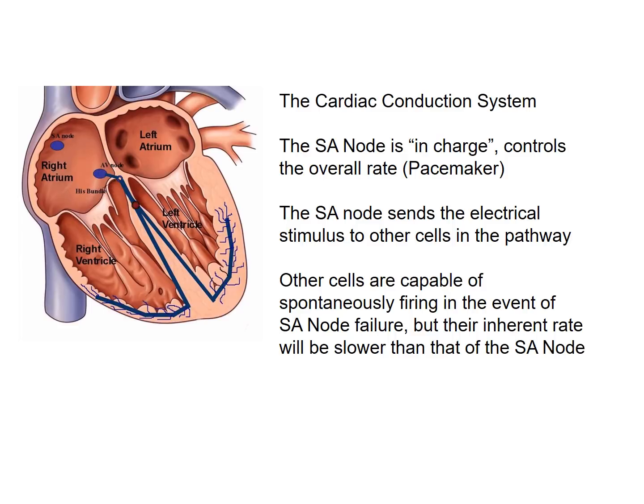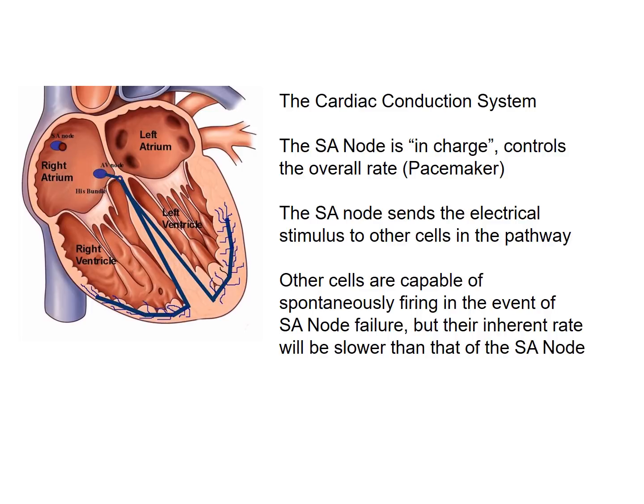From the AV node, those electrical action potentials travel down the bundle of His through the septum to the apex of the heart, split into the left and the right bundle, and then travel from the apex up, sending the electrical activity up the myocardium such that the myocardium contracts from the apex upward, forcing the blood out of the pulmonary artery on the right and the aorta on the left, and getting that blood into the lungs and into systemic circulation.